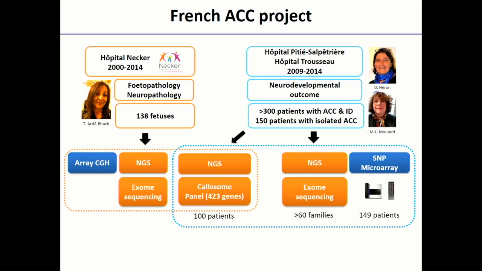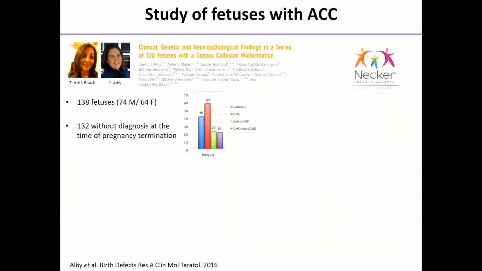So it was the callosum panel, which contains 423 genes, designed by Tania. And we rapidly moved to exome sequencing in trios, and this is still ongoing. And since 2012, we also performed a prospective analysis starting from prenatal diagnosis.